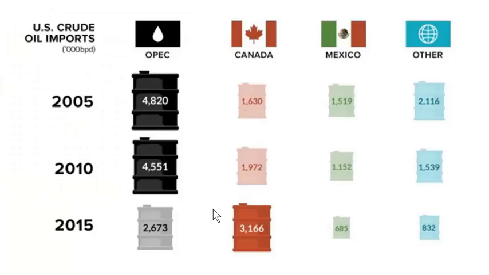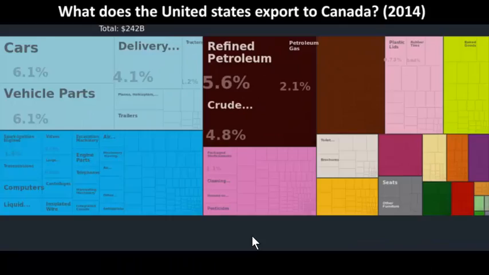This is a recent online viral map. Don't know if it's accurate or not, but if it is, which I think it is, I kind of fact checked some things, and what it shows is, once again, Canada. You can see how crude oil, we're importing in from Canada, and that's only increasing. What does the United States export to Canada? All kinds of stuff.